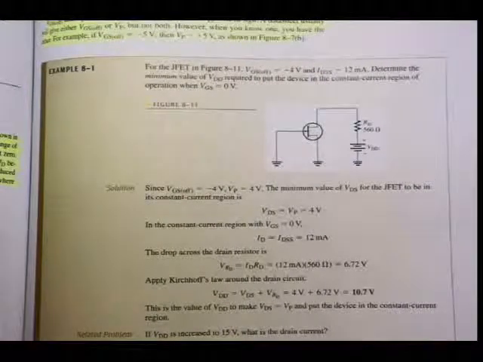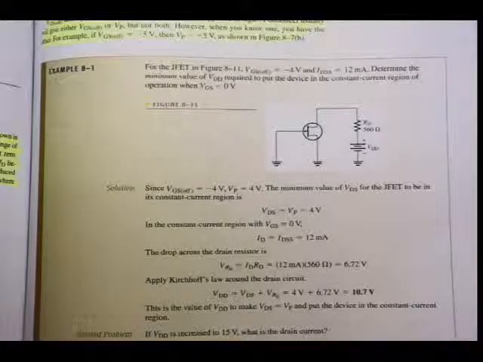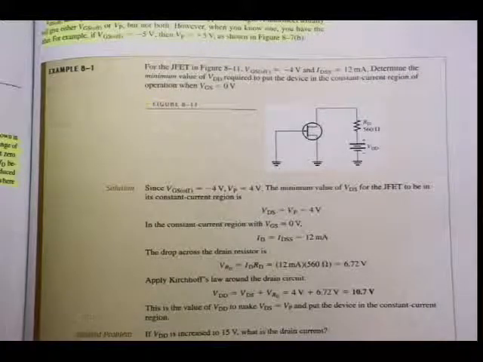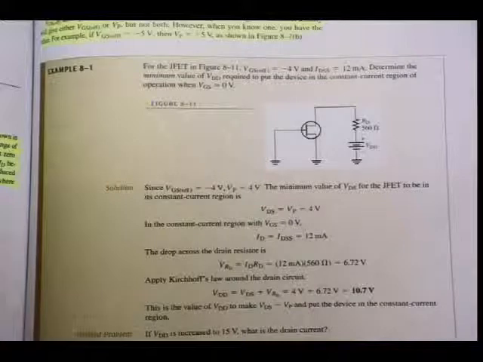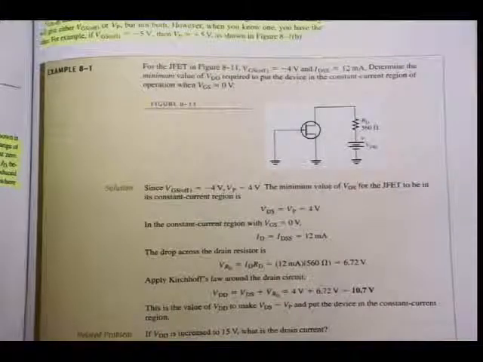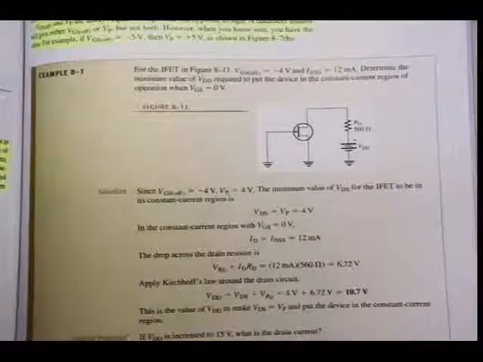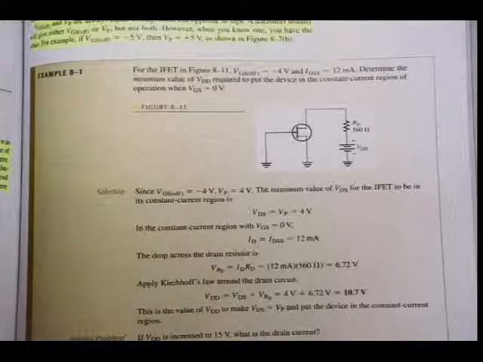Determine the minimum value of VDD required to put the device in the constant current region of operation when VGS is equal to 0 volts. So look at the solution. The very first statement that he makes is, since VGS off is minus 4 volts, V pinch off is 4 volts. So the minimum value of VDS for the JFET to be in the constant current region is VDS equal to V pinch off, 4 volts.